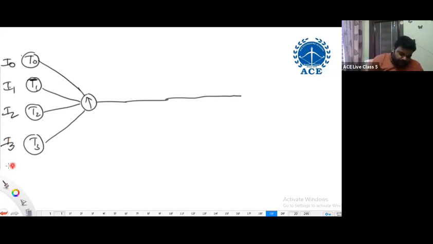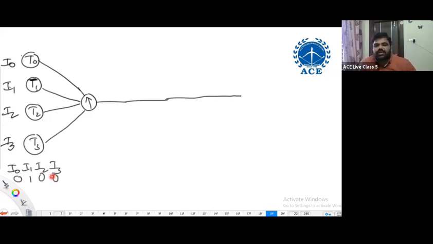For example, I0, I1, I2, I3 is 0, 1, 0, 0. Then I1 is 1, so T1 is enabled. T1 is going to transmit the data. But the receiver doesn't know which one is transmitting the data.